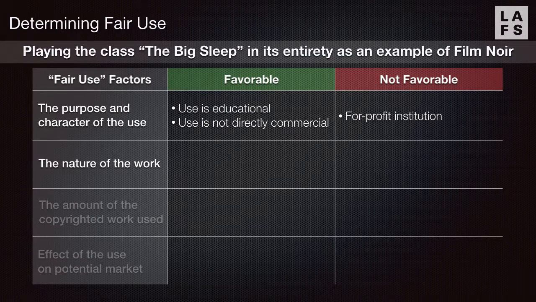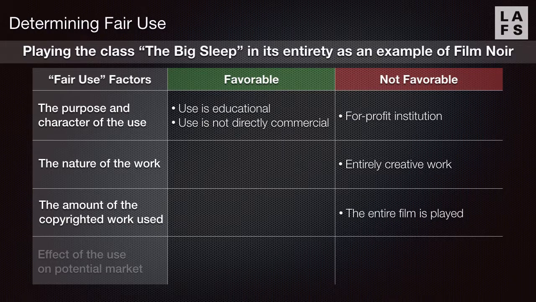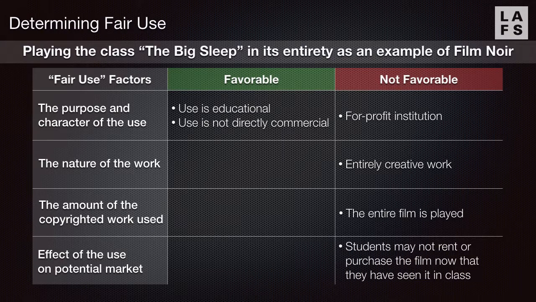The nature of the work is entirely creative. It's a fictional work. In this case, the amount of the copyrighted work used is the entire film, and the effect of the use on the potential market could be negative because students may not rent or purchase the film now that they have seen it in class. So this would be pretty definitely not considered fair use.